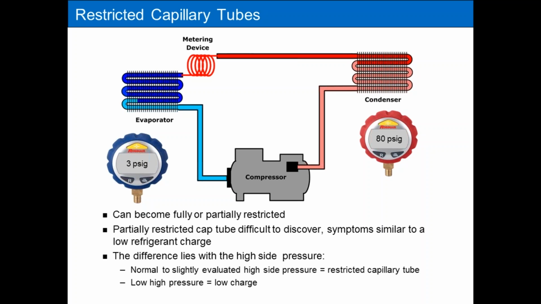If you see your discharge pressure starting to creep up and your suction pressure is locked in, still very low or in a vacuum, and your discharge pressure is going up as you put more refrigerant in, stop. It's a plugged cap tube. So you can add a little refrigerant and see what happens if you're not sure about the high side pressure. It is a waste of time and a waste of refrigerant, but it is another approach. But the high side approach normally tells you the difference between a plugged tube and a loss of charge.